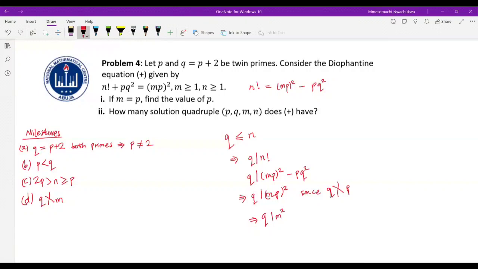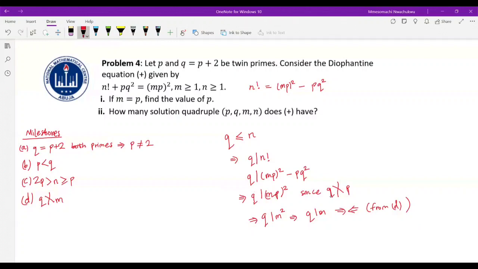And since if a prime divides a perfect square, the prime divides the square root, it implies that Q divides M, which is a contradiction from fact D.